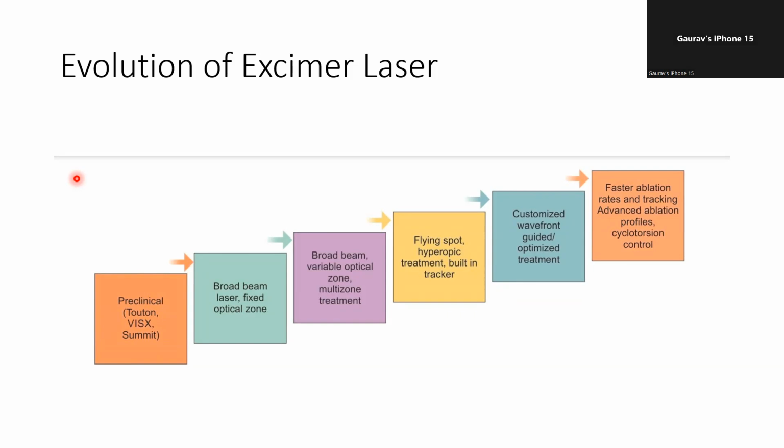After that was the introduction of the flying spot mechanism, flying spot laser beams instead of the broad beam. And we also introduced a built-in tracker. The newer generation of excimer lasers can also do customized wavefront guided or optimized treatment, which have a faster ablation rate and tracking. We can also have advanced ablation profiles, and the newer machines also have cyclotorsion control.